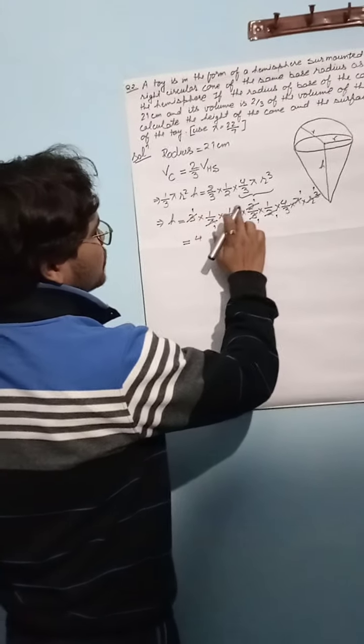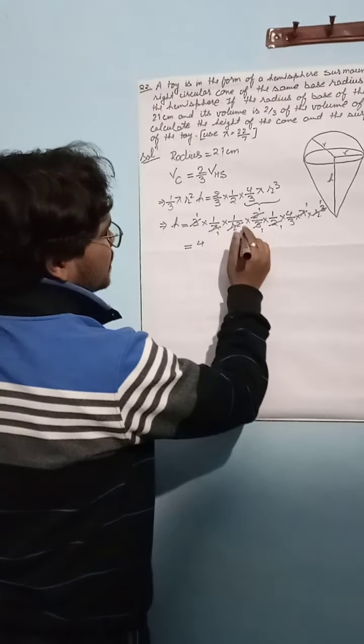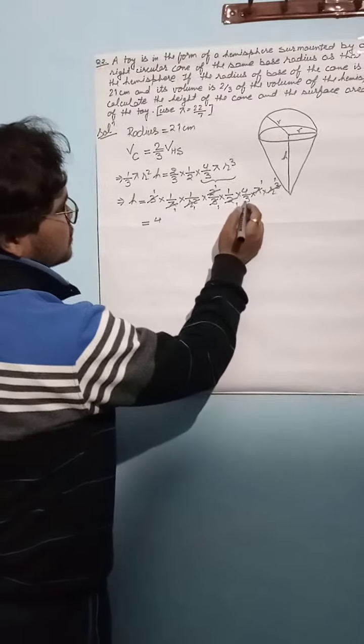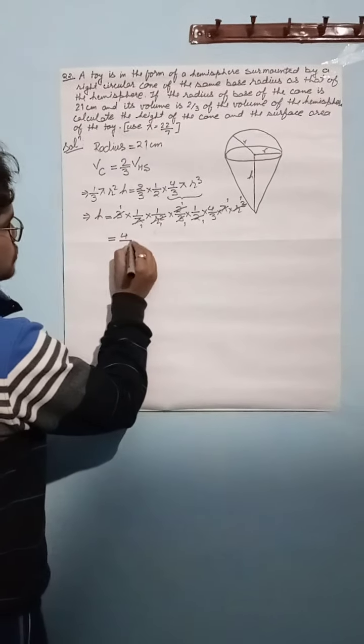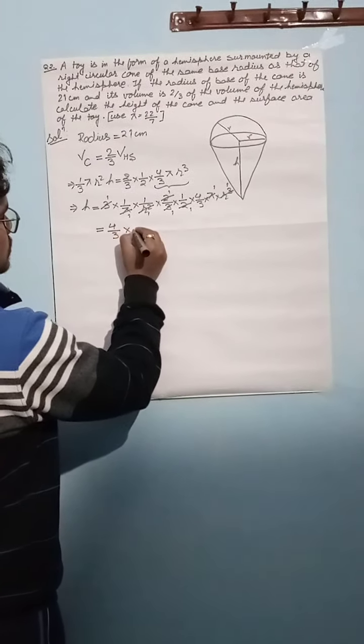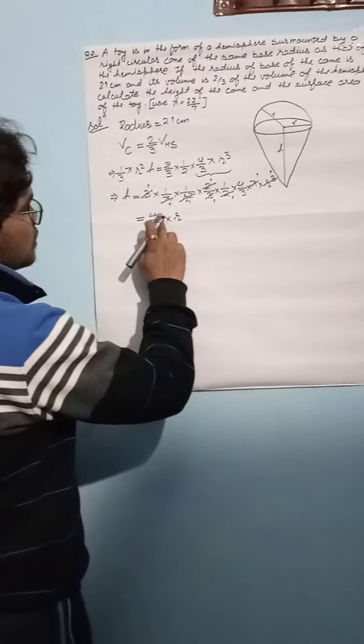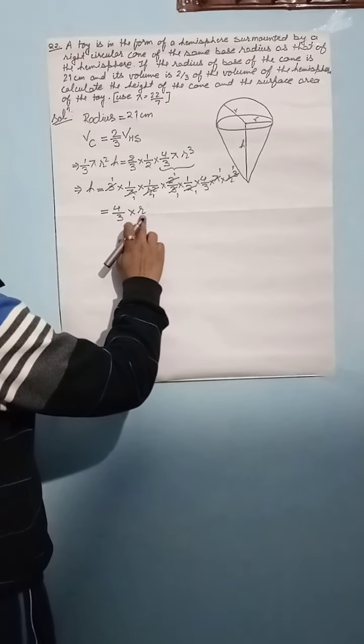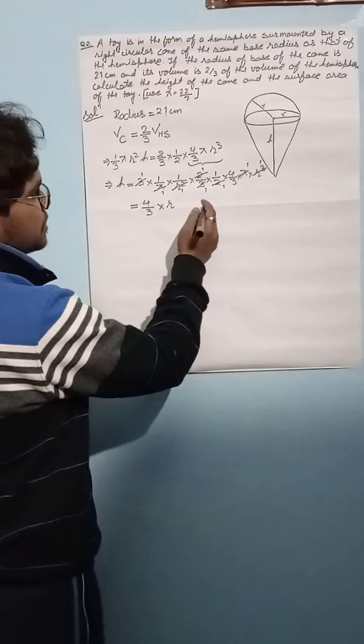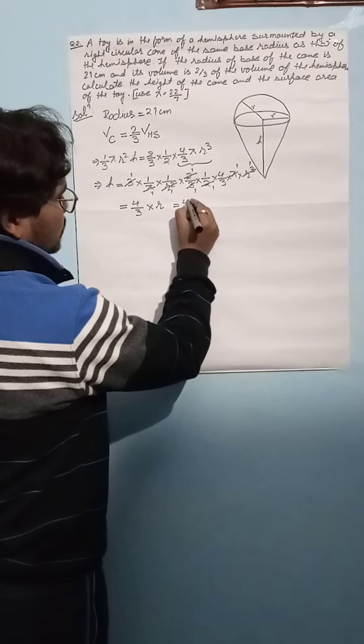Here all the values are left as remainder 1, and the only values that matter are 4 by 3 multiplied by radius.